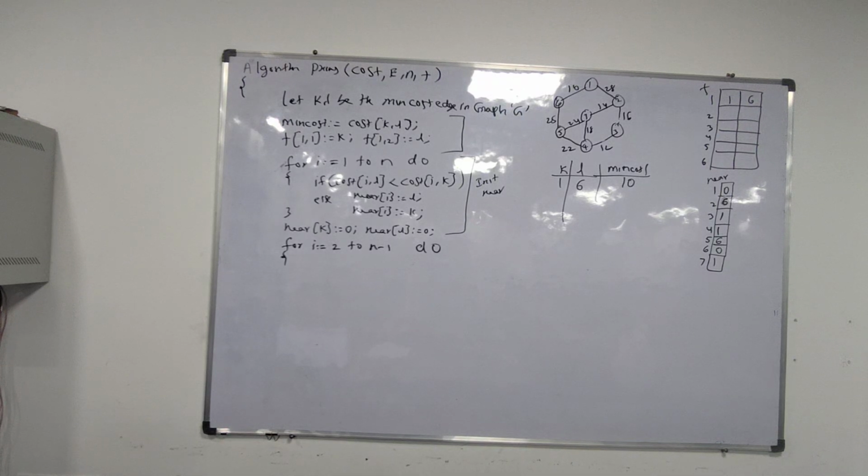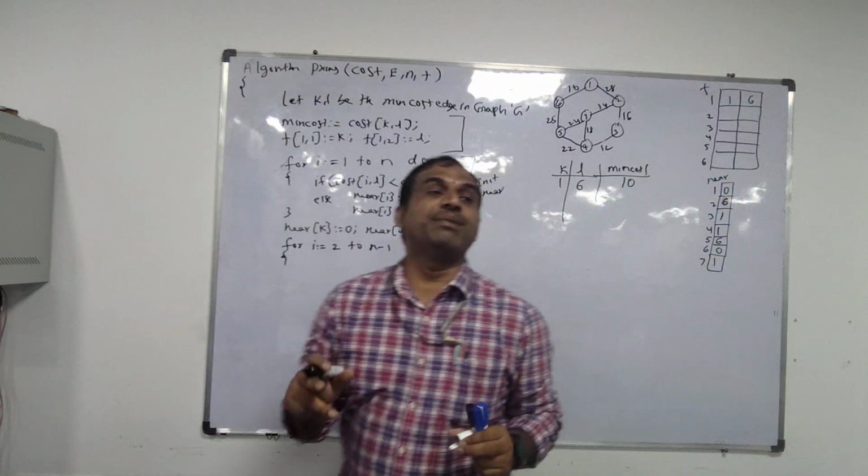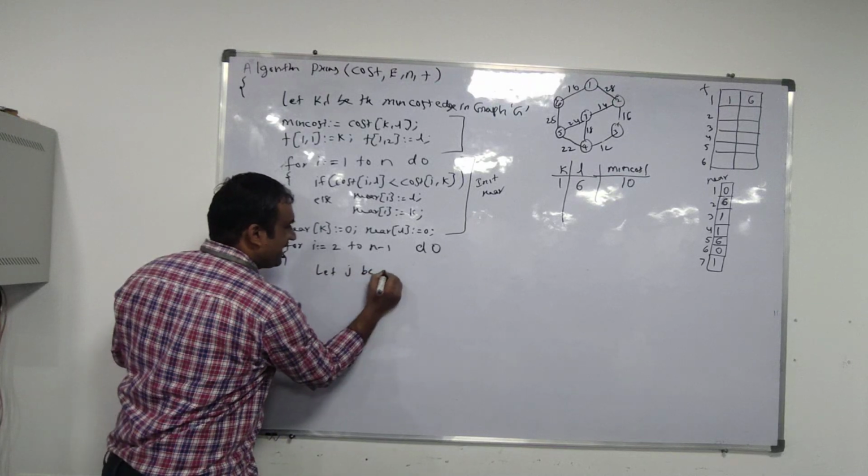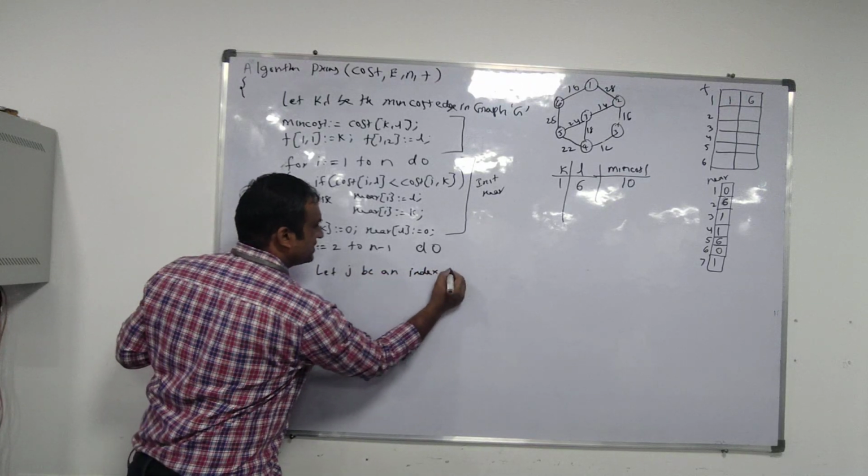Now this line is a very important one. Let J be an index such that near of J not equal to 0 and cost of J comma near of J is minimum. That line will play a key role.